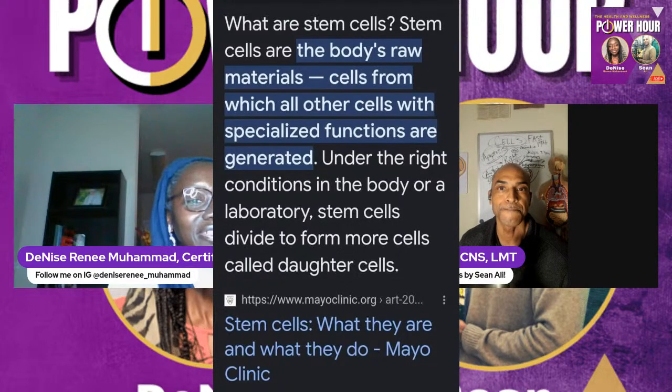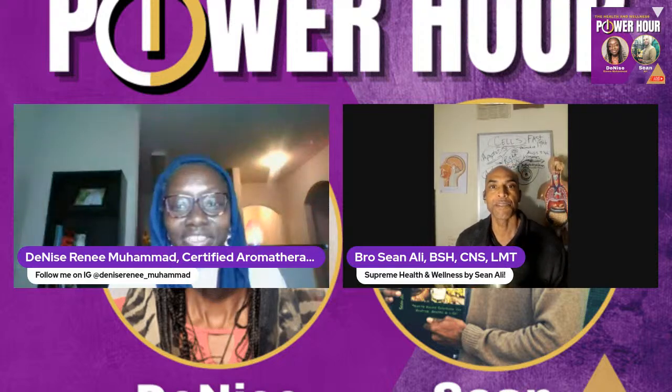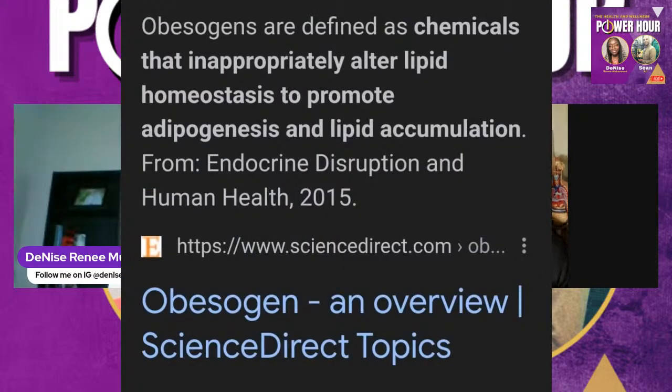Oh no, wrong slide. Yeah, these obesogens. Obesogens are defined as chemicals that inappropriately alter lipid homeostasis to promote adipogenesis and lipid accumulation.